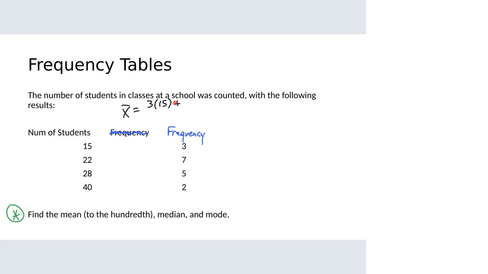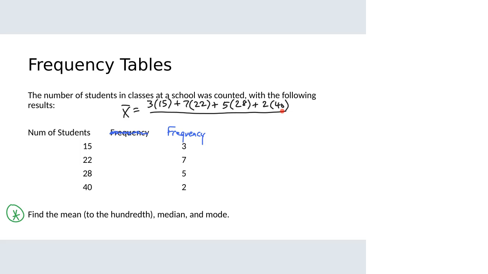I could do 22 plus 22 plus 22 plus 22. No, we don't want to do that. Instead, if I want to add up all those 22s, I can just do 7 times 22 and 5 times 28 and 2 times 40. We're multiplying the frequency by the data point. Then we're going to divide by how many there are, because that's how we find the mean. Add them up, divide by how many there are.